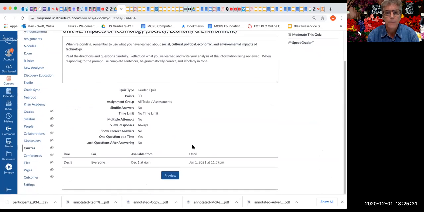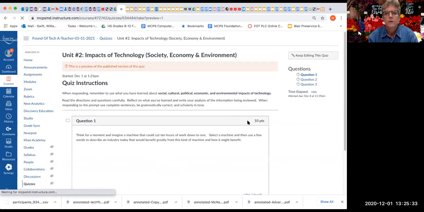Good. Okay, so if I preview this, the first question is, think for a moment and imagine a machine that could cut 10 hours of work down to 1. Select a machine and then use a few words to describe an industry today that would benefit greatly from this kind of machine and how it might benefit.